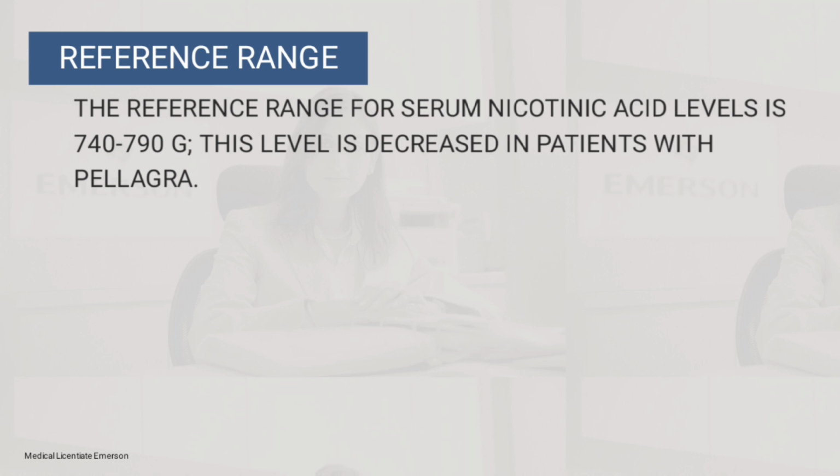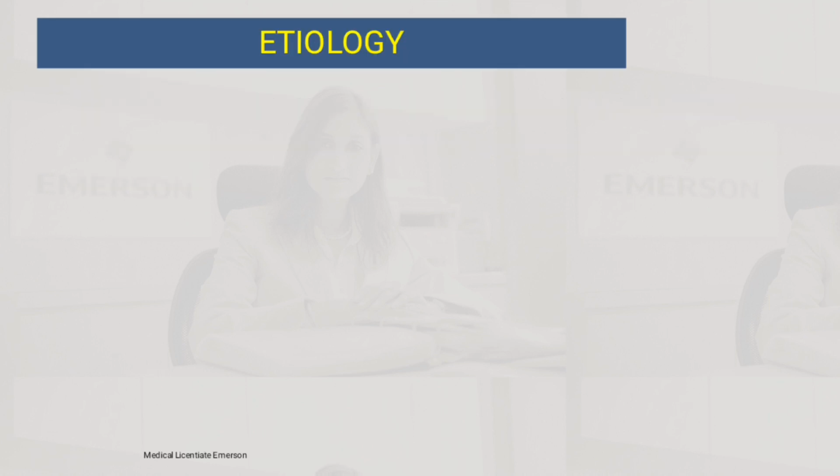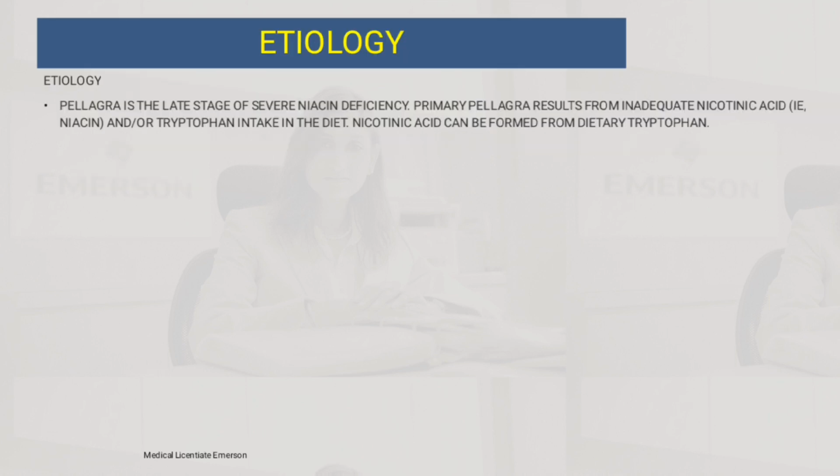Okay. Then causes. The etiology is that Pellagra is the late stage of niacin deficiency, and the causes can be classified into primary and secondary. Primary Pellagra results from inadequate nicotinic acid, that is niacin, and or tryptophan intake in the diet.